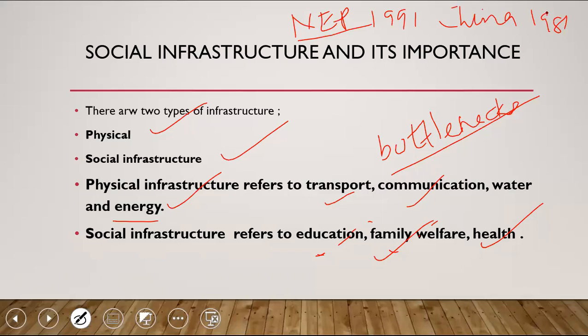The main reason is when China started their privatization policy, they gave highest priority to social and physical infrastructure. Please understand it very clearly. China's economic development or privatization started with boosting the infrastructure. India did not do that. That is why our economic reform speed is comparatively slow. You know what China did?